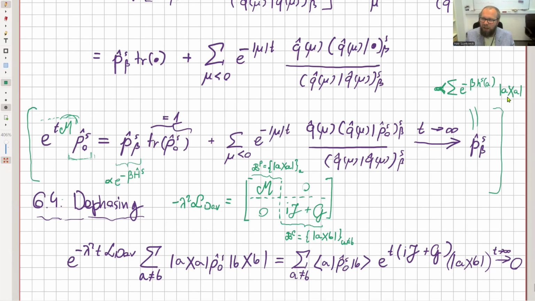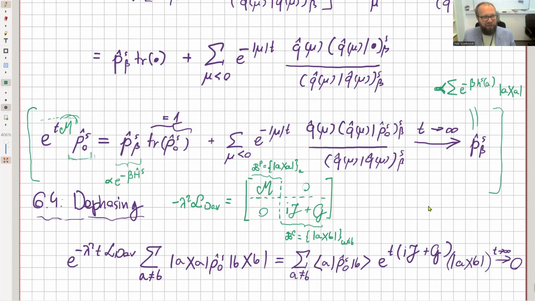But it is spanned by projectors, right? So if M failed to generate for us the equilibrium state, we would be cooked. There would be no possibility for thermalization. So this is what we arrived at last week.